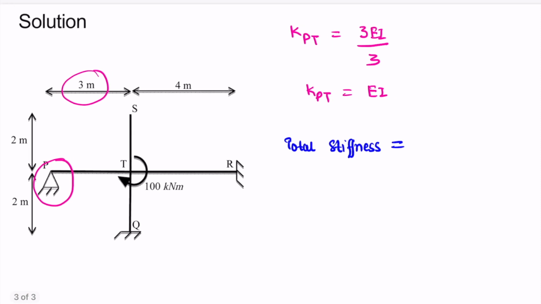So it will be EI plus 2 EI plus EI. So K total we got as 4 EI.